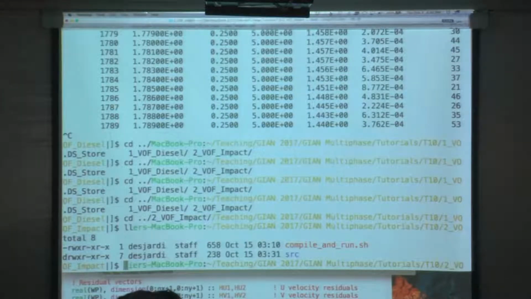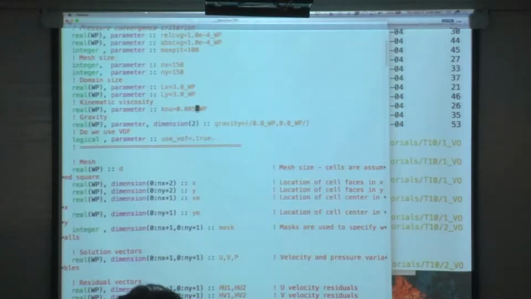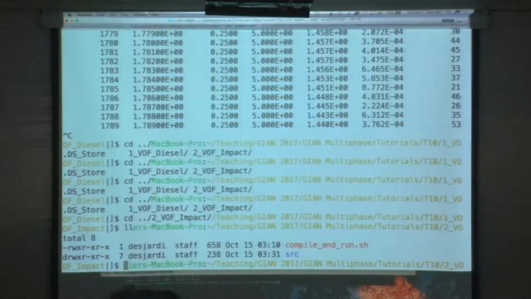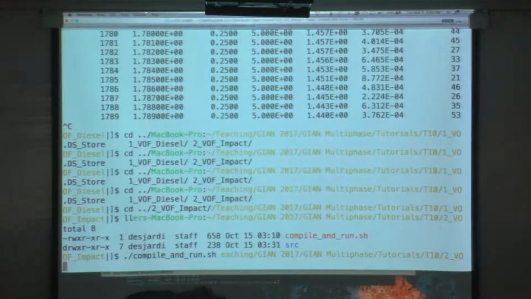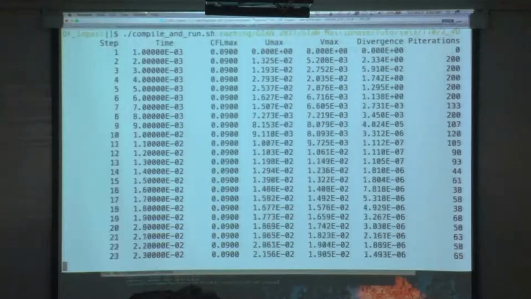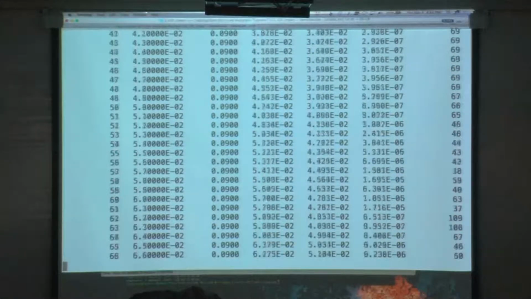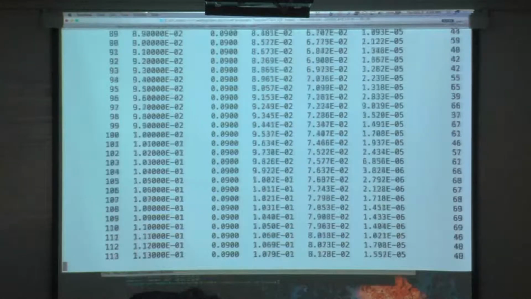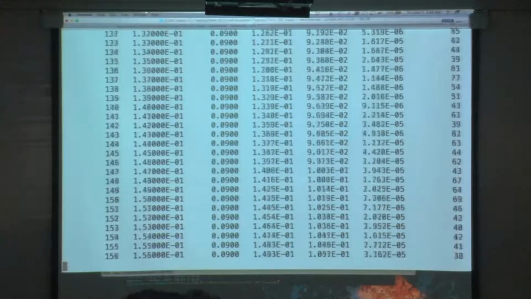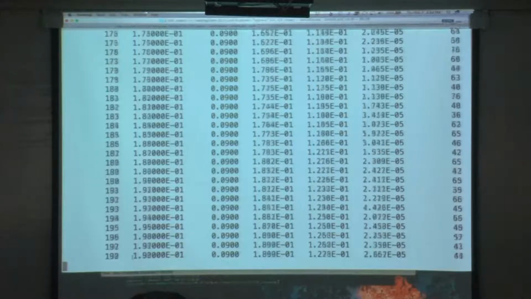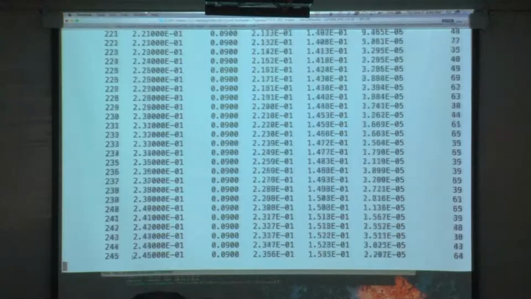I think this was a droplet impact problem, so some sort of a milk crown type of problem. I don't remember exactly, let's just look at it. I'll let you, again, if you're interested in any one of those problems, you can take a look more directly at the initialization and the boundary conditions for them. So I think the goal here was to just let the droplet fall under gravity, I believe.